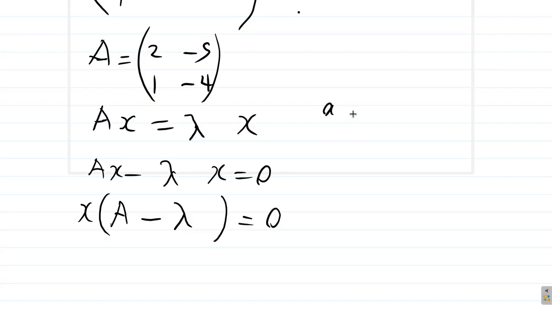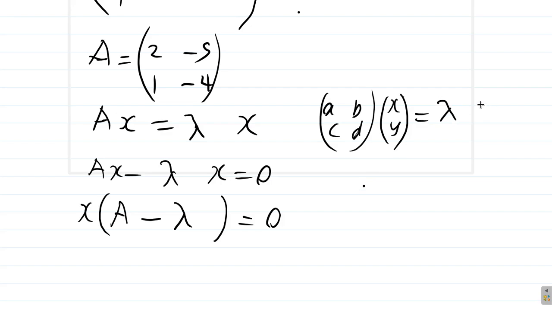A would generally be in the form a, b, c, d. x is a column vector. Let's call it (x, y). That's a name for a column vector, is equal to lambda times the column vector (x, y).